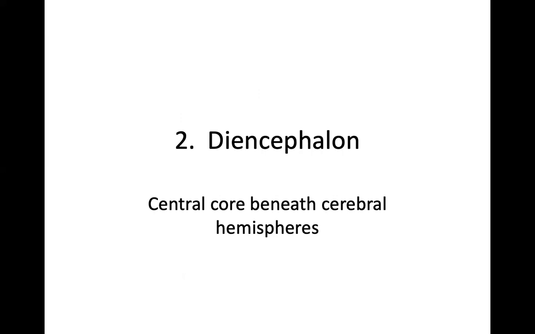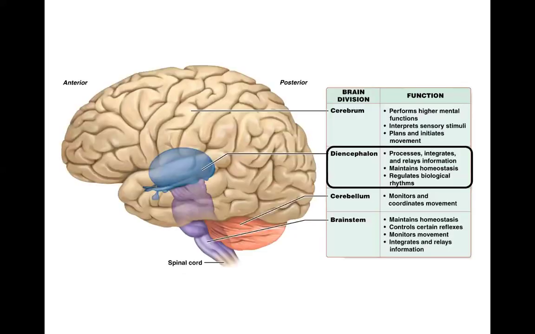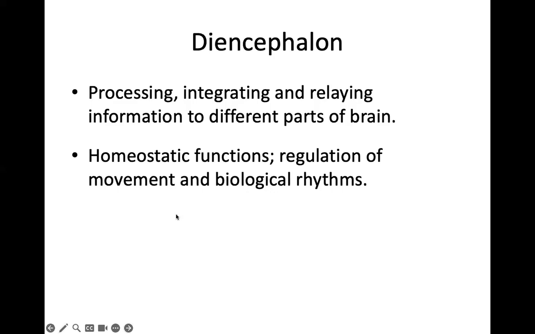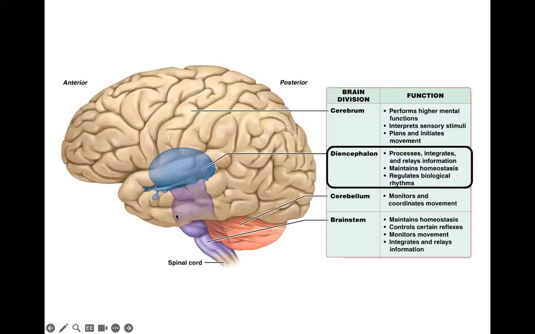The diencephalon is the central core beneath the cerebral hemispheres, which cannot be seen from outside. You see the bluish shade, that is the diencephalon, which processes, integrates, and relays information. Most importantly, it maintains homeostasis.